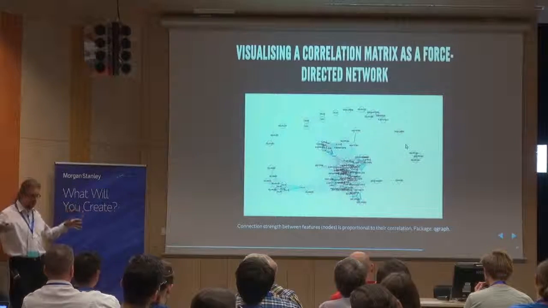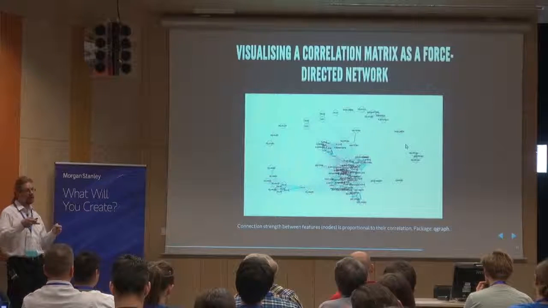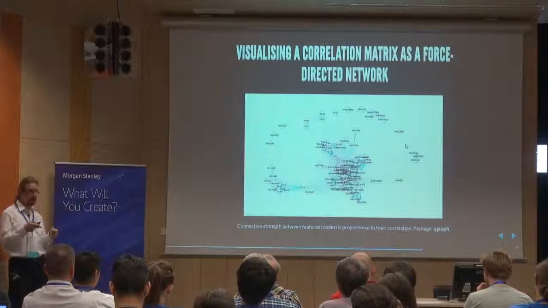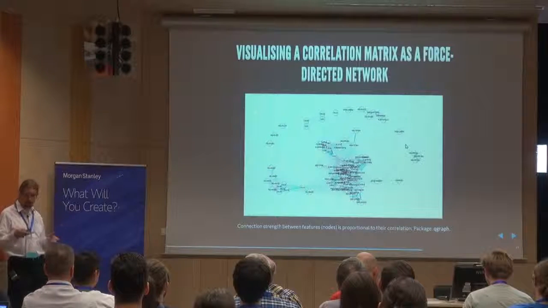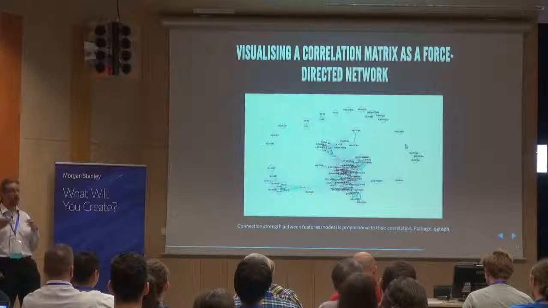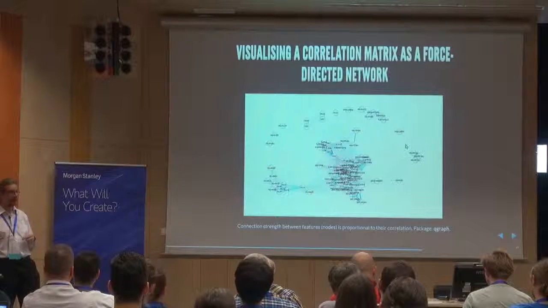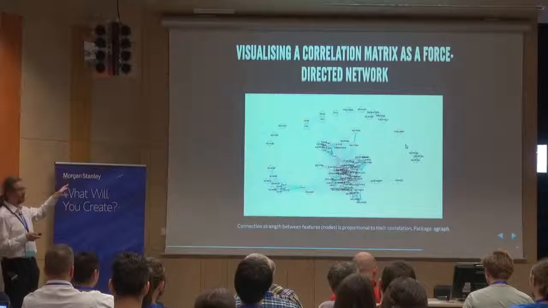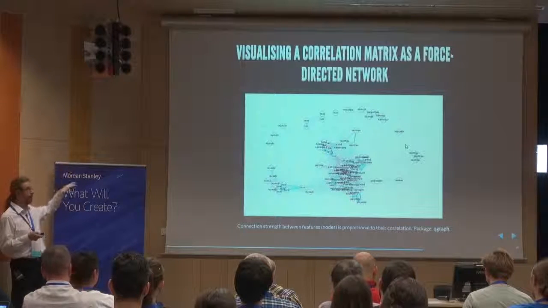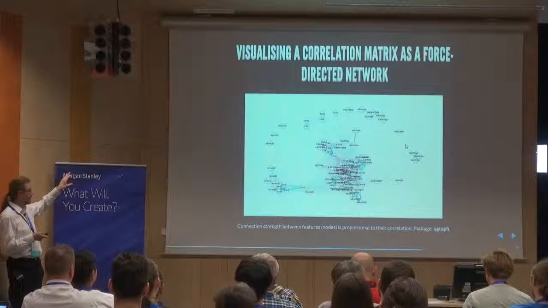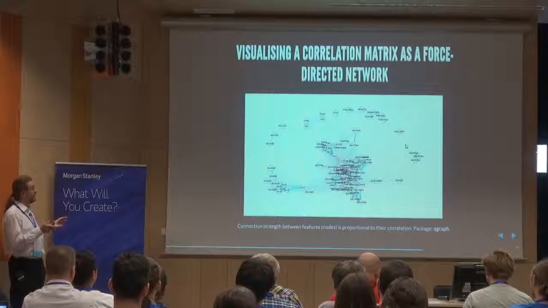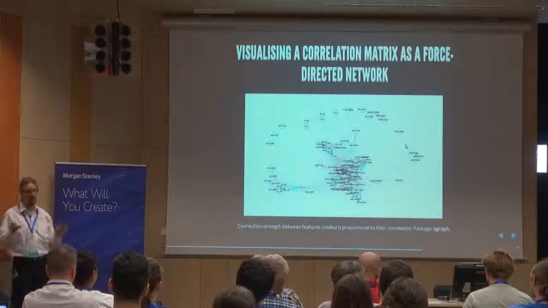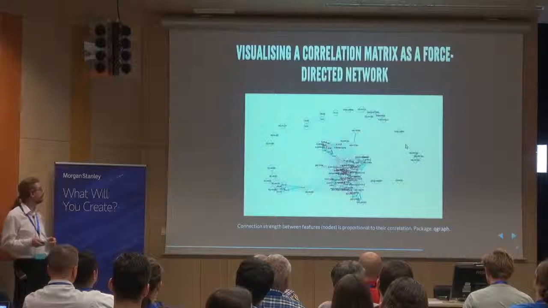These nodes repel, but they're attracted towards each other by a spring with a spring tension that's proportional to the Pearson linear correlation between features. So this allows you to see the correlational structure in the data and which features are correlated with each other and which are not. And this was very useful for seeing what kind of features might have similar sensitivity to common physics.